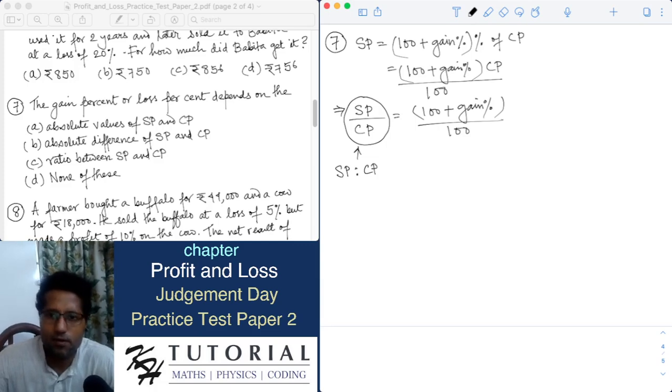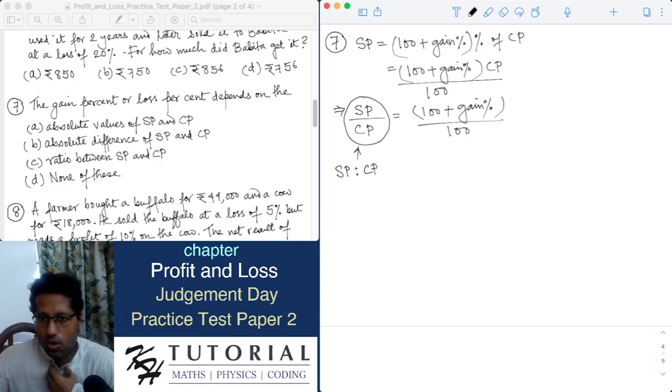So we need not know the exact values of SP and CP. We just need to know the ratio. It is not mandatory. If you know the SP and CP, still you can find, no problem. But it is not mandatory that you need to know the exact values of SP and CP.